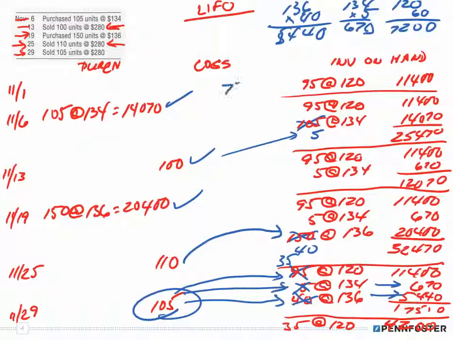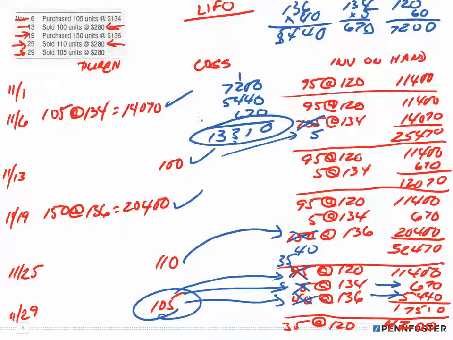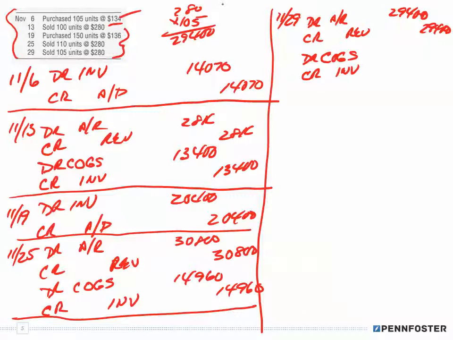So now I have to take the 7,200 plus the 5,440 plus the 670, and that's $13,310, the value of those 105. Okay, so my debit to cost of goods sold is going to be 13,310, and to the inventory is going to be 13,310.